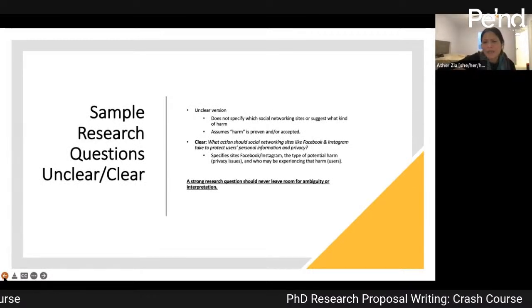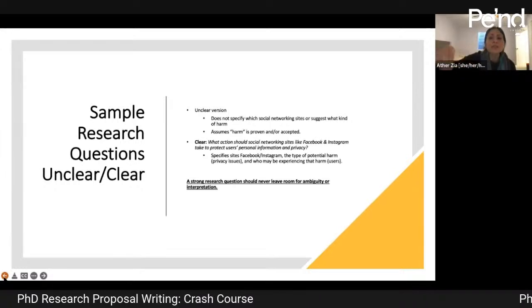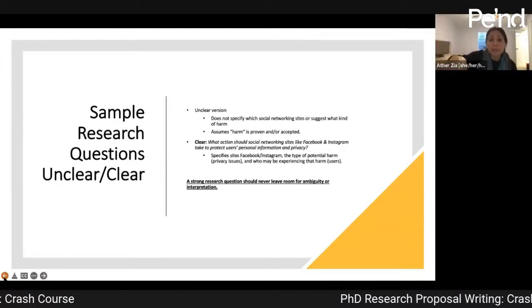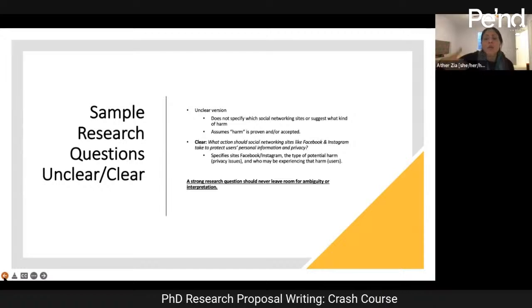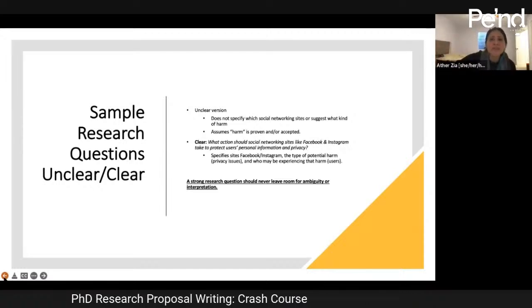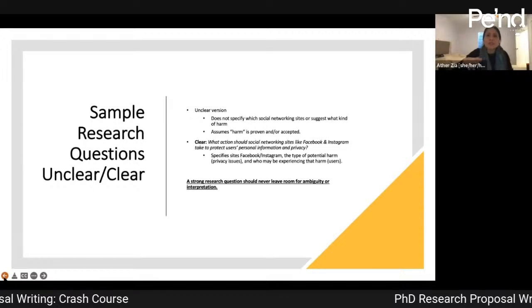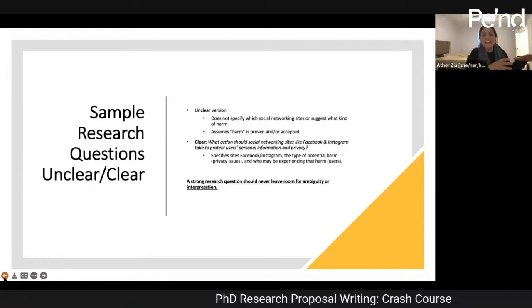But the way this question is shaped here, it's looking only at Facebook and Instagram. It's not looking at the people. This question, as clarified, says only what action should social networking sites take. So it's focusing on the networking sites, and it saves itself from the societies because it's only looking at the sites.